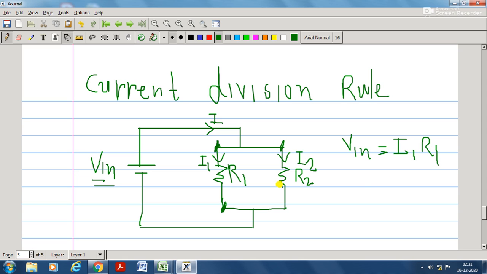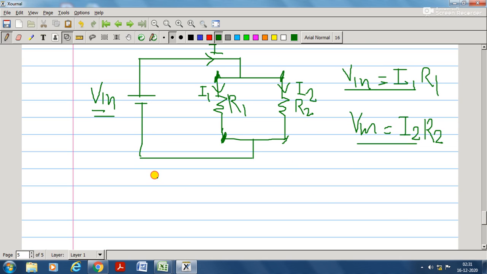At this node you can write V in equal to I2 R2, right? Both are the same value, because V in and V in. So you can compare both and write I1 R1 equals I2 R2.